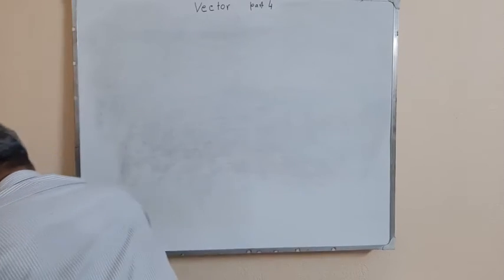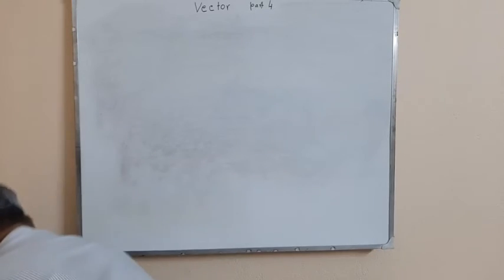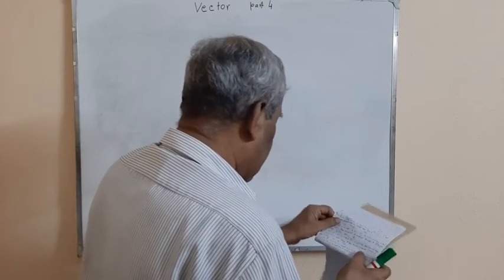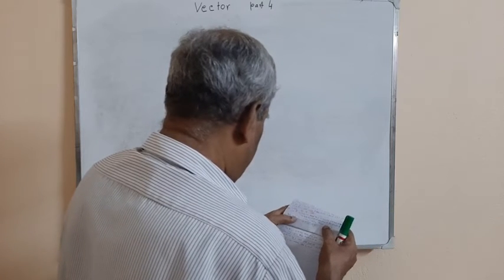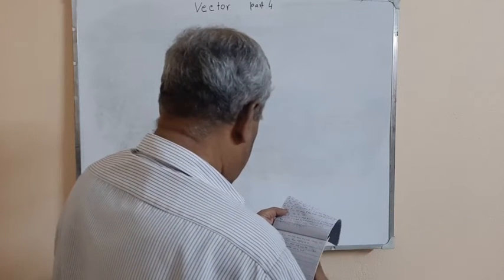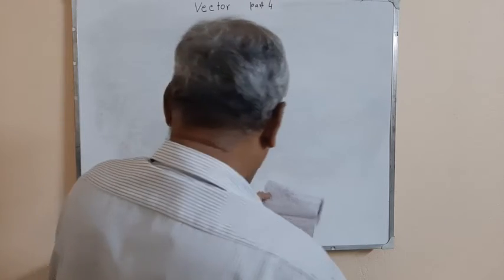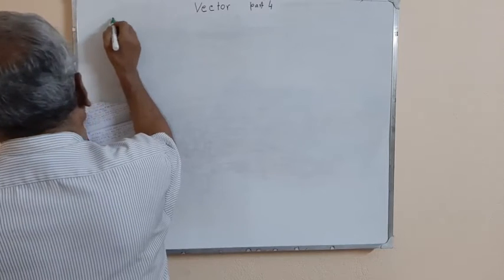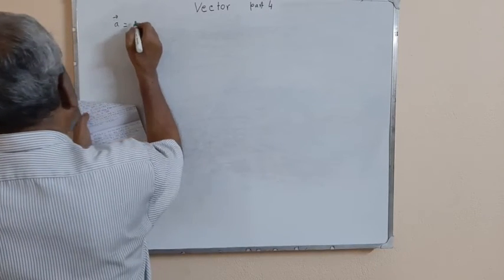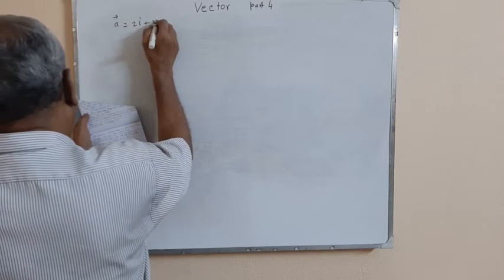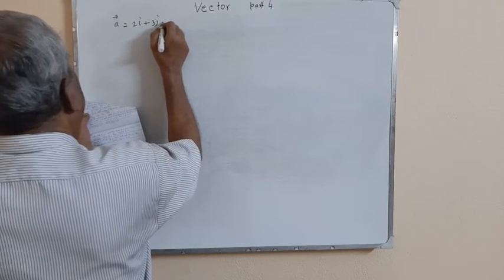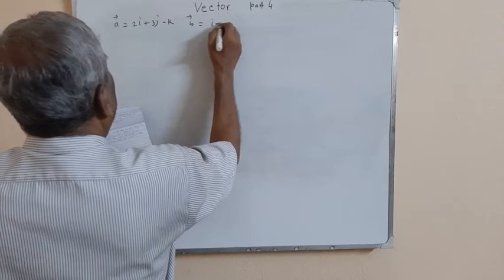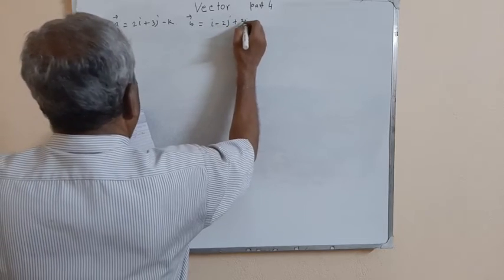Our next problem. Let vector A be equal to 2i plus 3j minus k, and vector B be equal to i minus 2j plus 3k.